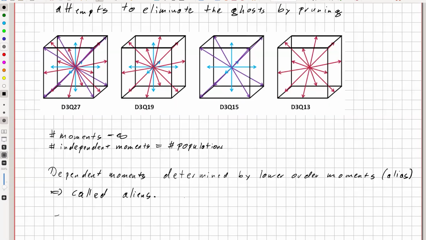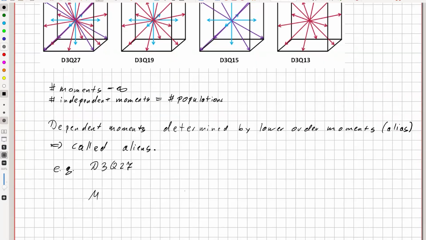So, for example, in the lattice that we like to use, D3Q27, with our definition of moments, M_abc, all the i, j, and k go from -1 to 1: the sum of f_ijk times i to the power of a, j to the power of b, and k to the power of c.